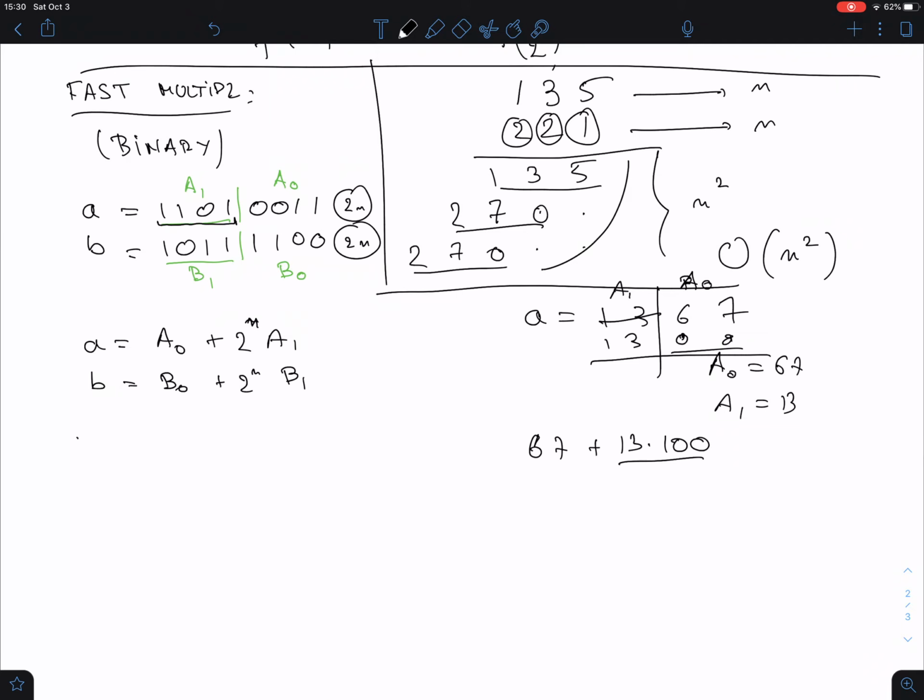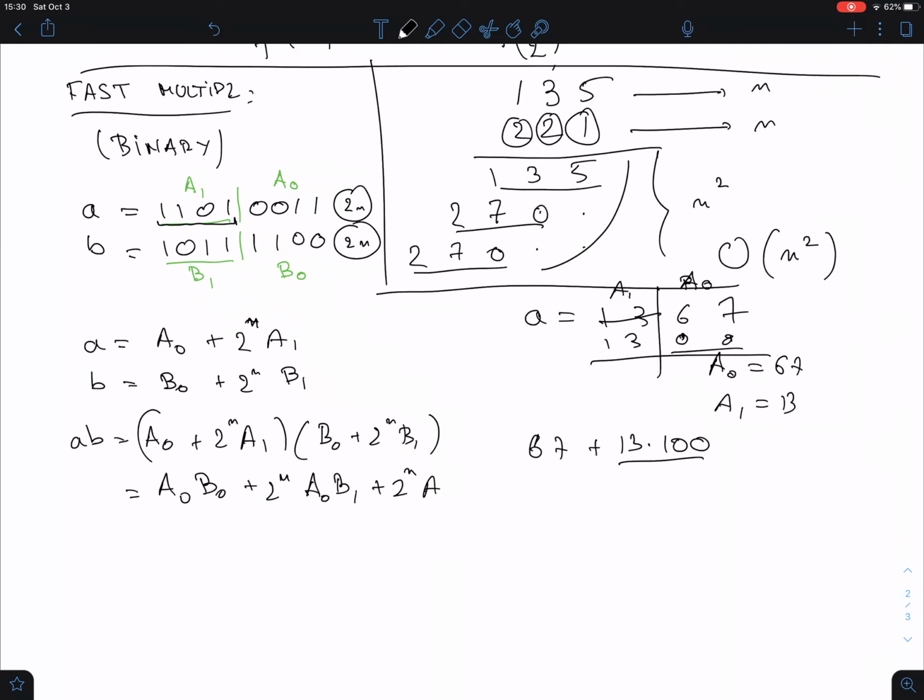Well, you can work this out, right? A times B is A0 plus 2 to the n A1 times B0 plus 2 to the n B1, and that is, working out the brackets, A0 B0 plus 2 to the n A0 B1 plus 2 to the n A1 B0 plus 2 to the n plus n, 2 to the 2n, A1 B1.